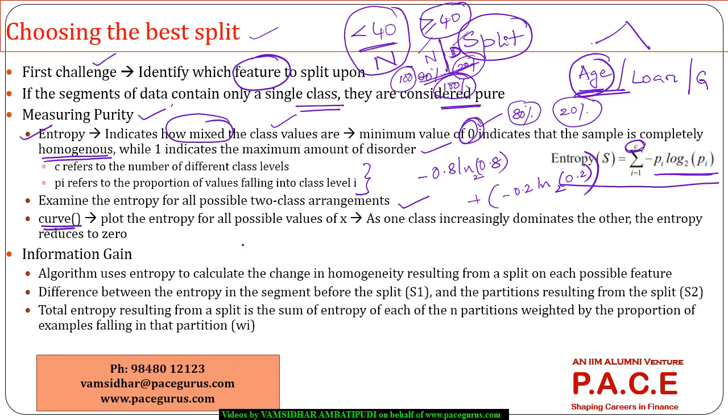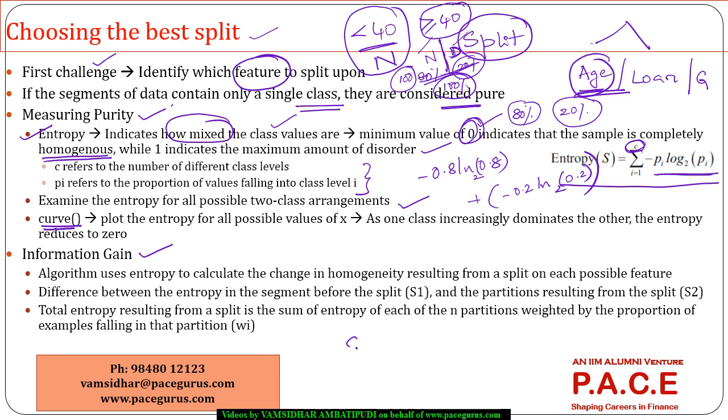So that is how the entropy is computed, and the feature which results in a very small entropy value would typically be considered by the model for the splitting purpose. Now in this context, it's also important that we understand another important definition called information gain.